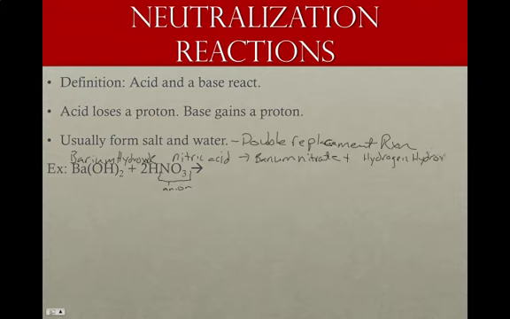So barium nitrate is Ba(NO3)2 plus hydrogen hydroxide, that's going to be HOH, which is the same thing as H2O. And in order to balance this, we need two waters.